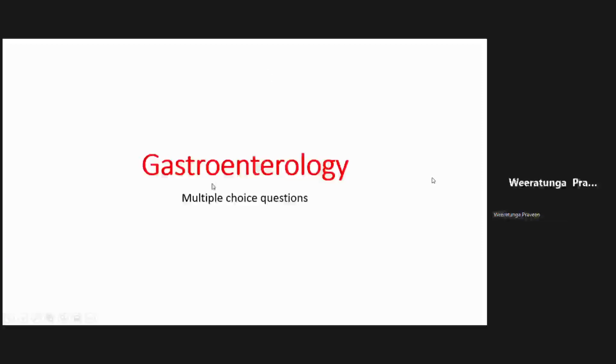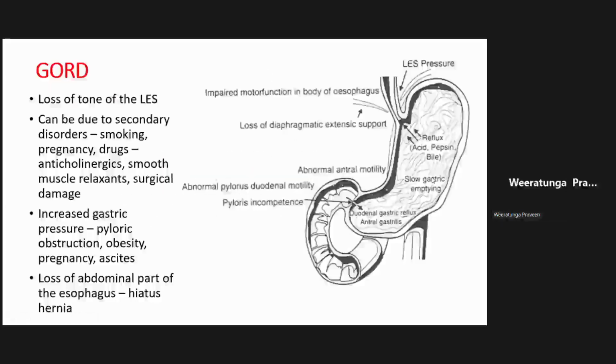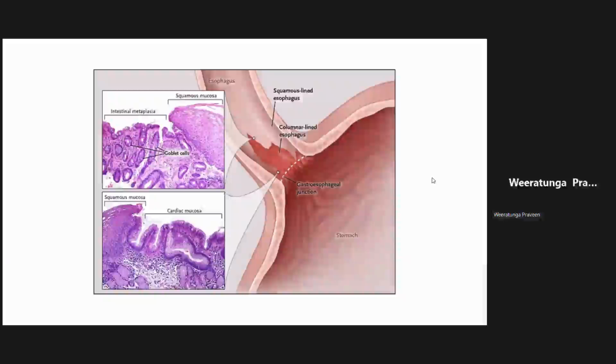Okay, so we discussed this one, and we were talking about gastroesophageal reflux disease. This is a very important complication of gastroesophageal reflux disease, and all of you know what this is because of long-standing reflux.